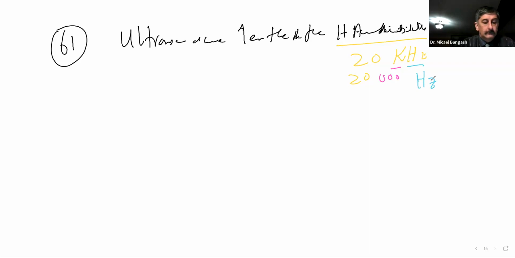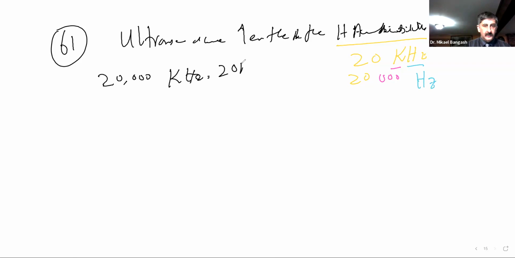Okay. Now don't fall for option A. Because what option A actually is 20,000 kilohertz, where it actually becomes 20 megahertz.